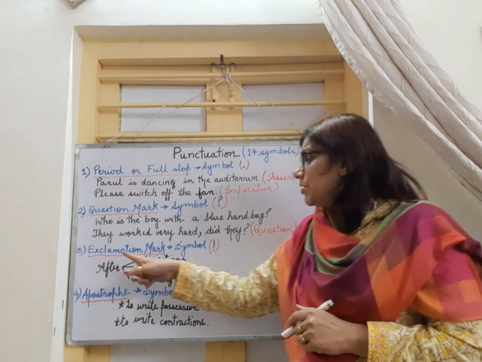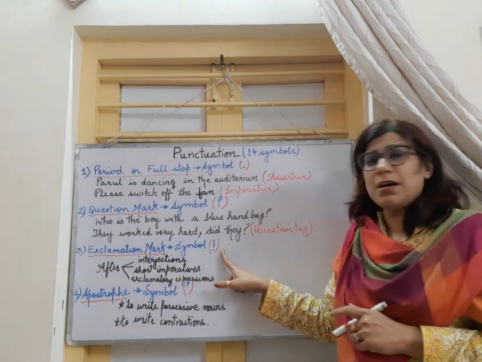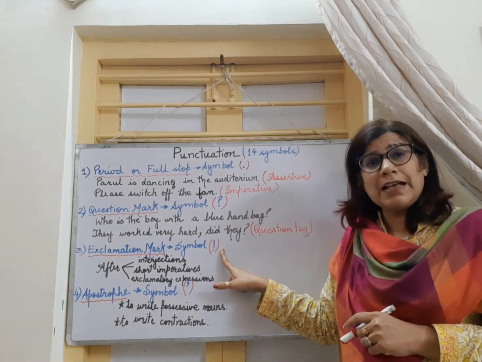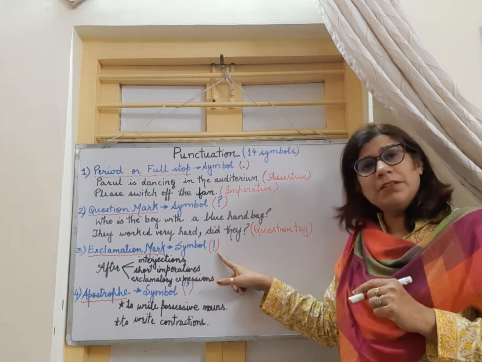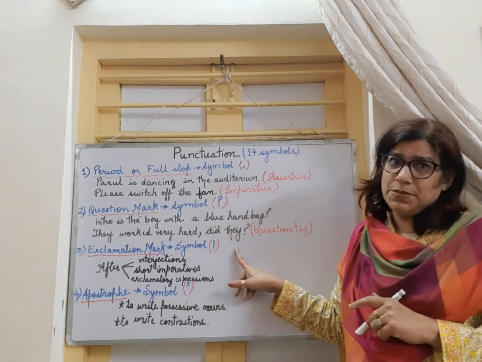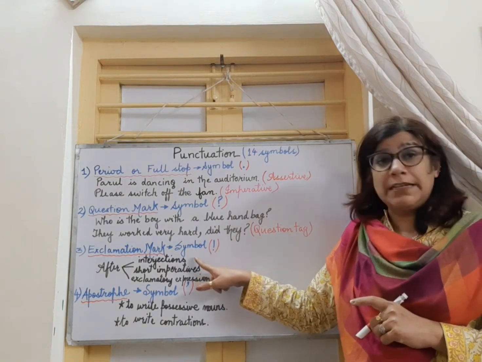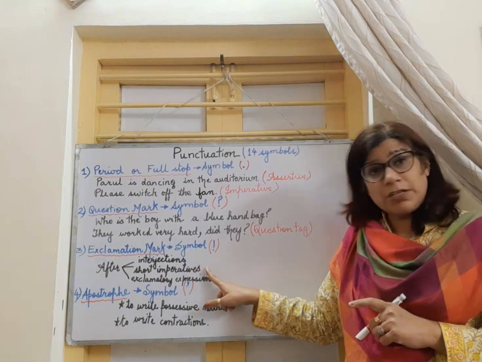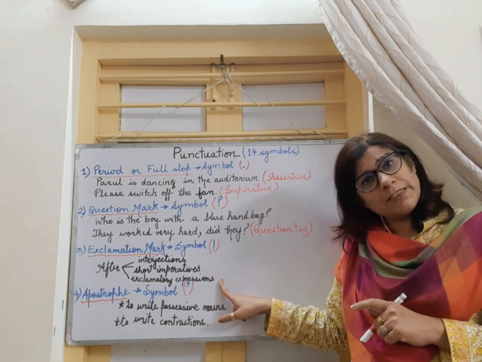The next punctuation mark is the exclamation mark. The symbol of the exclamation mark we can see here. It is like a 1 written with a small dot. This is an exclamation mark. An exclamation mark is used after interjections, after short imperatives, and after exclamatory expressions.